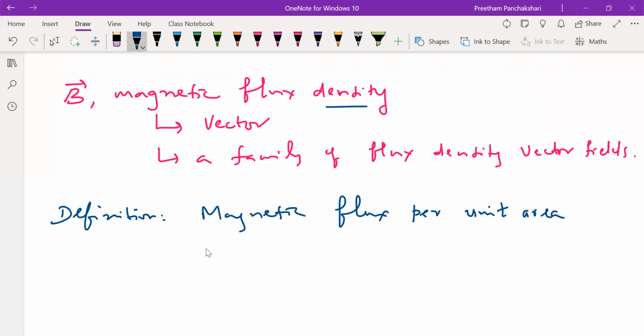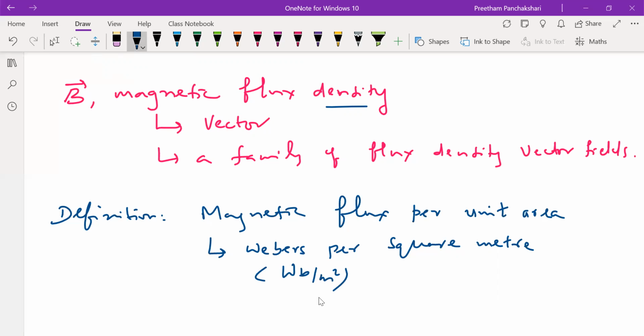So based on this definition, it has a unit of Webers per square meter, that means Wb per meter square, or it is also represented in terms of Teslas.